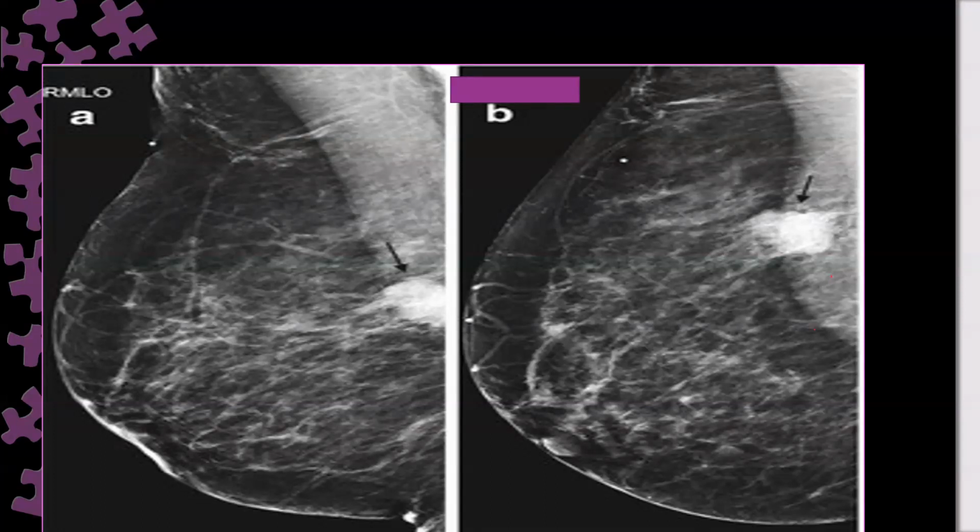Because when you look at the nipple and divide it into two, the two sides are not equal. Then there is a lesion at the medial side near the pectoralis, which is clearer in the second image. Because here the lesion is so posterior.